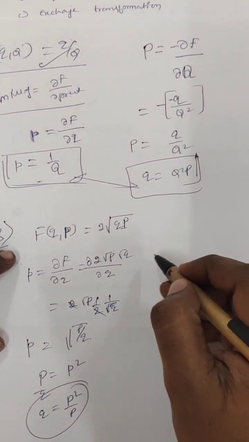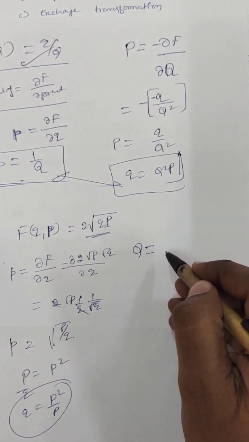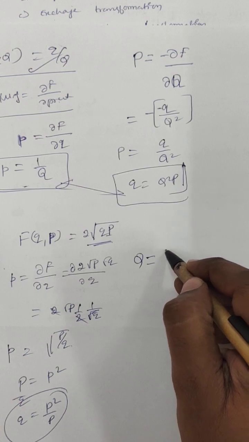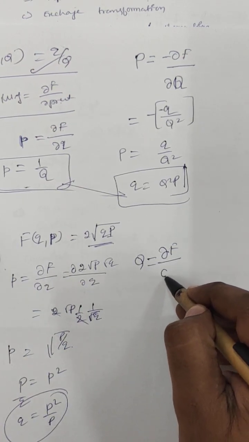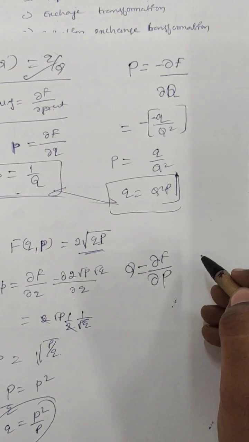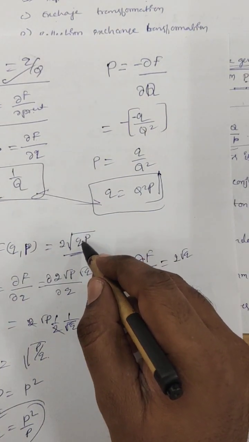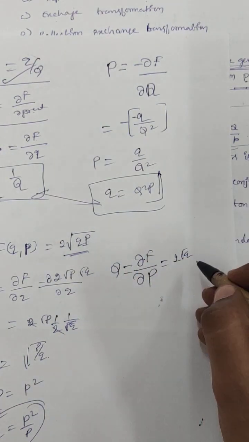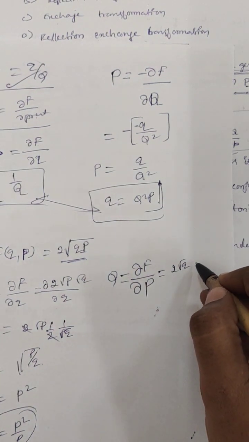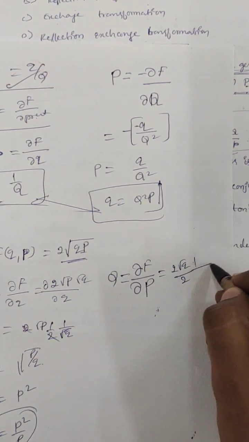Next, here also the missing one is Q. Q is equal to dou F by dou p. So again here, 2 into root q, differentiating with respect to p, we will get divided by 2 into 1 by 2 root x.